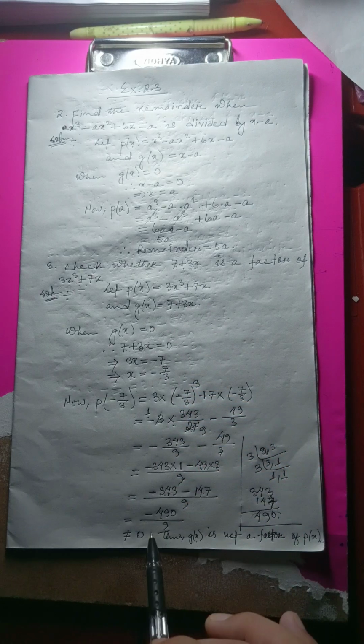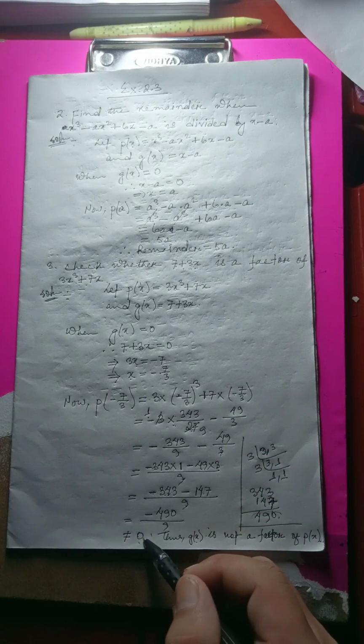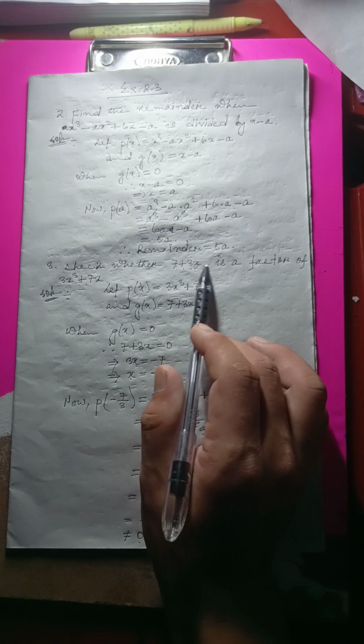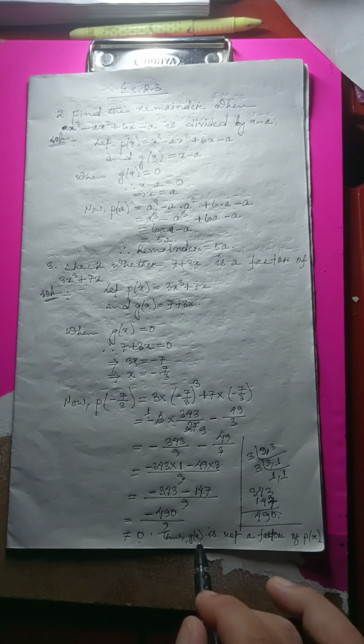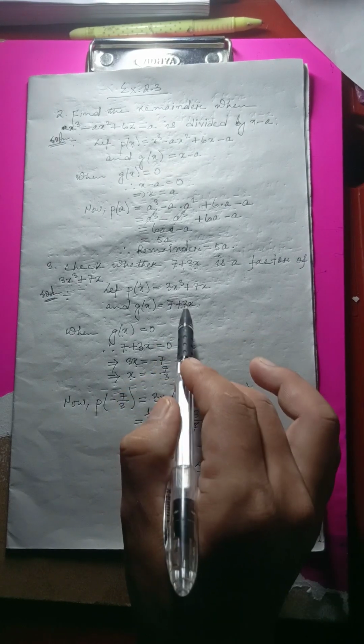We already checked this one, and we did not get 0. Thus this 7 plus 3x will not be a factor of this polynomial. So this is what we wrote here: g(x) is not a factor of p(x). g(x) is this polynomial and p(x) is this polynomial. That means this polynomial is not a factor of this polynomial.